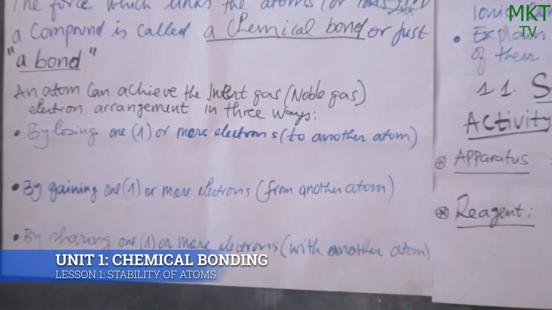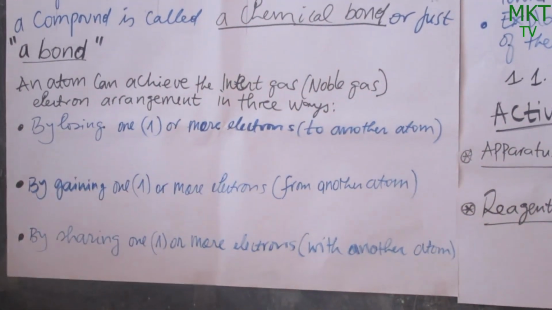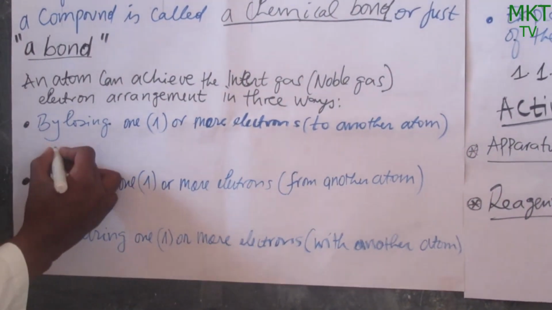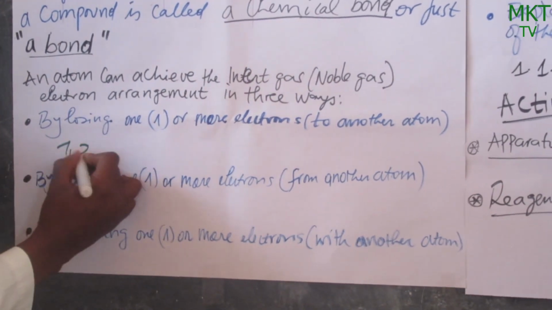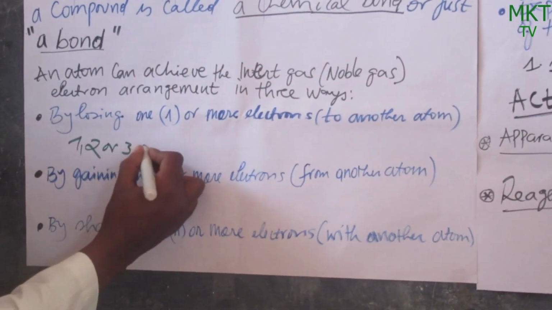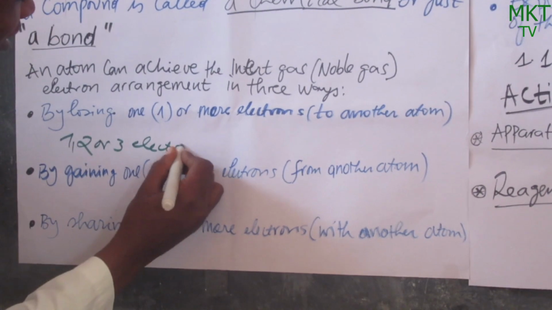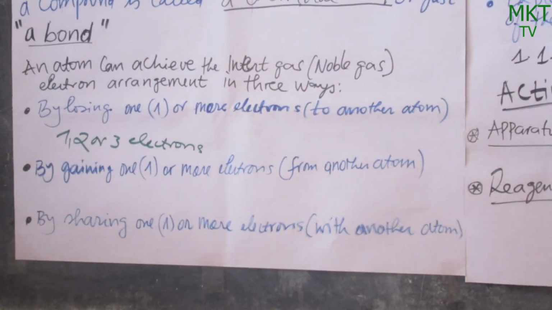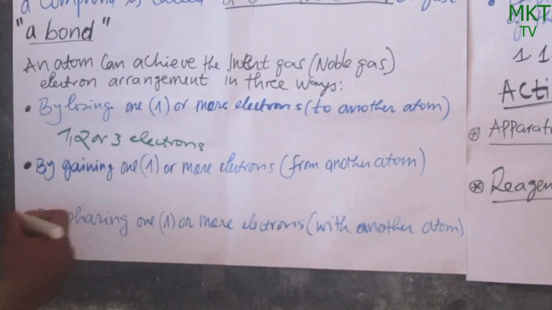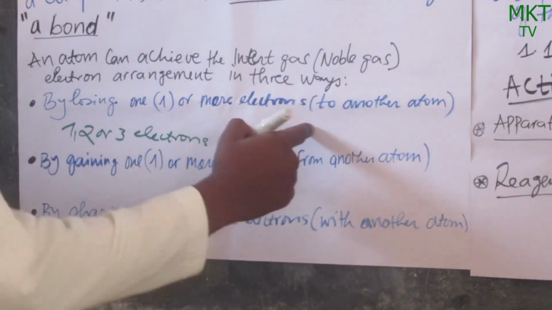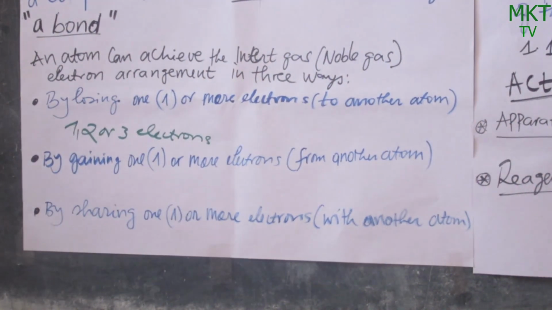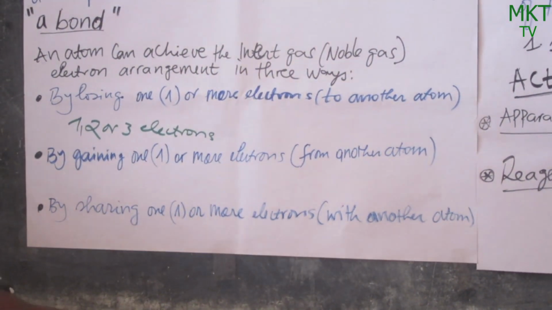An atom with 1, 2, or 3 electrons on the outermost shell loses these electrons to achieve stability.